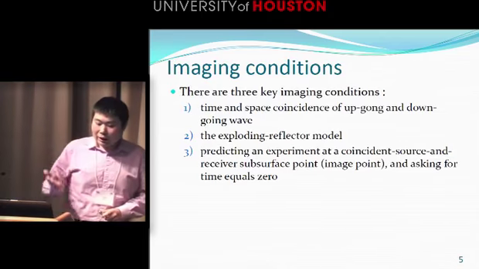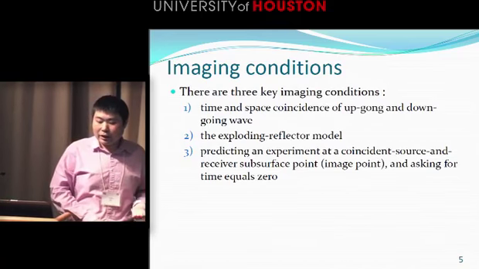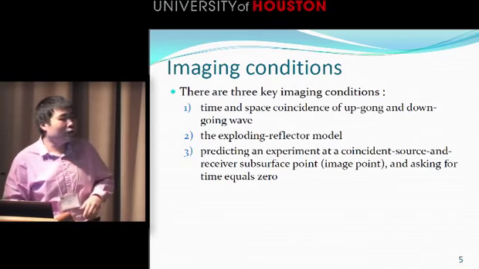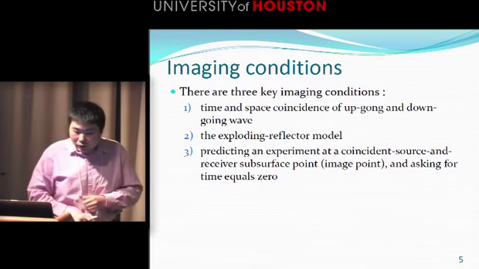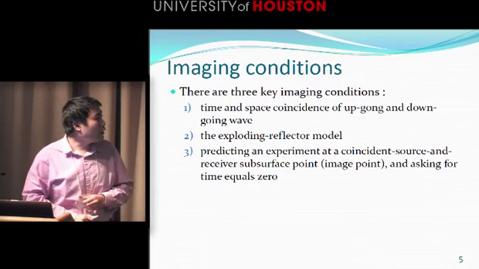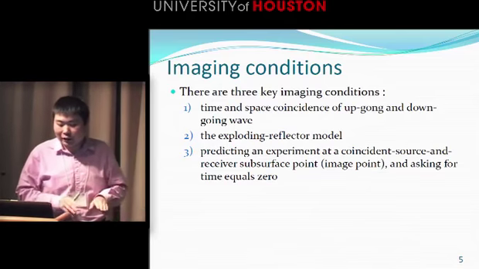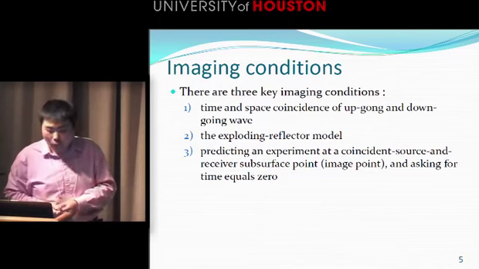As Dr. Weglein has introduced in the last talk, there are three key image conditions. The time-space coincidence of upgoing and downgoing wave, which is used by the RTM, conventional RTM, and the exploding reflector model, and predict a subsurface impairment with zero subsurface offset, or the coincidence of source and receiver, and then ask for time equals 0.